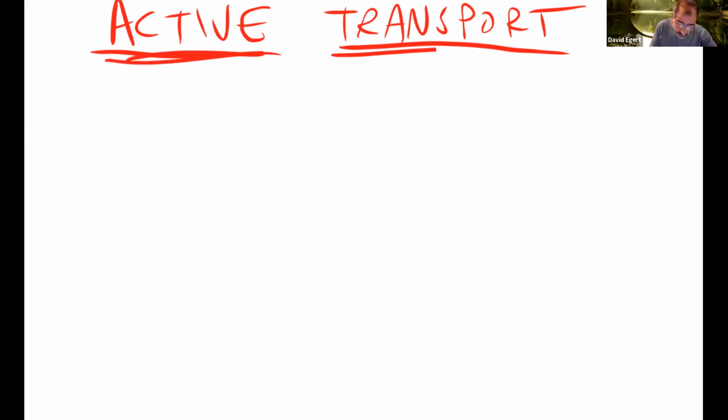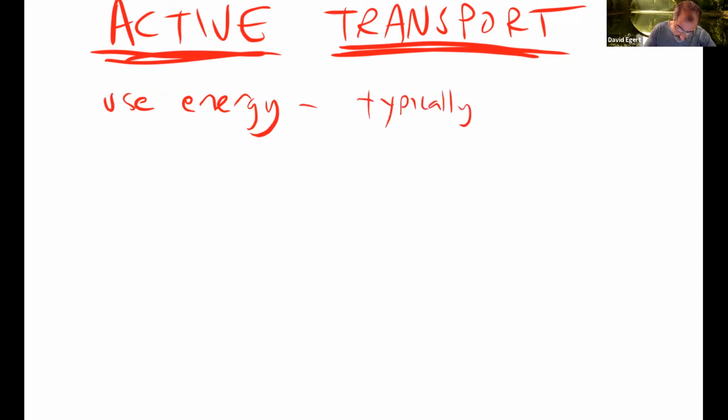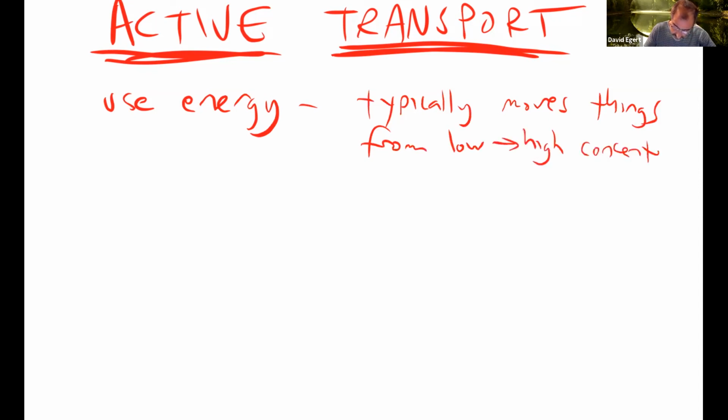Active transport is going to use energy, as opposed to passive transport, which does not need any additional energy. It typically moves things from low to high concentration, against the concentration gradient.